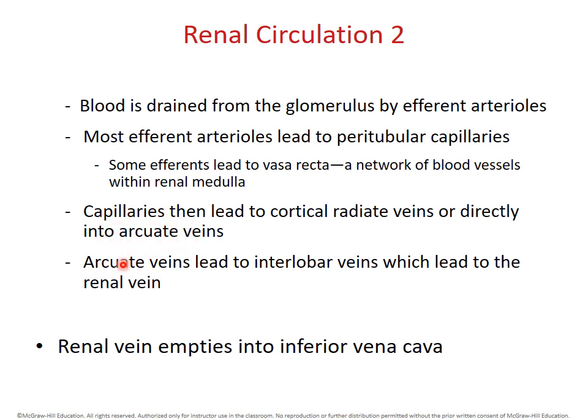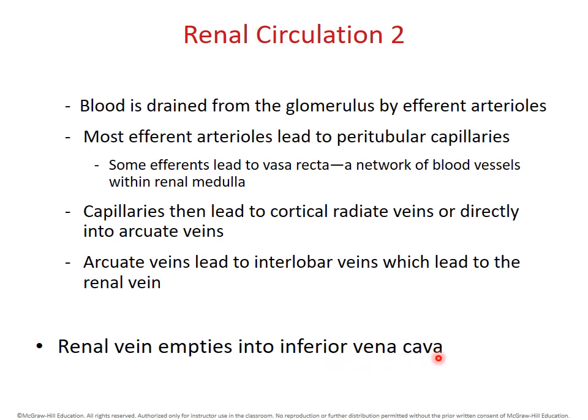The arcuate veins then lead to interlobar veins, which are found in the renal columns between the pyramids. And the interlobar veins eventually fuse together and lead to a renal vein that drains the entire kidney. And of course from there the renal veins will dump blood into the inferior vena cava, which is in the abdominal cavity as well.